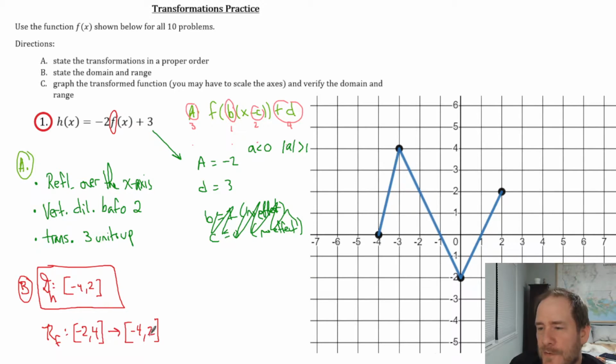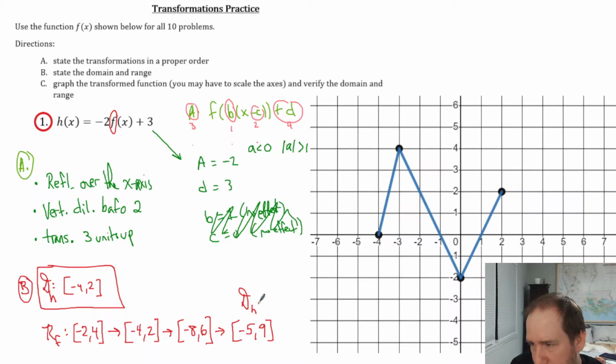That's still true for the y values. We are now going to vertically dilate by a factor of 2, which just means these numbers double. So they go to -8 and they go to 6. Then you get translated 3 units up. That means you just add 3 to these numbers. So you go -5 and you go 9. So this is the range of H.